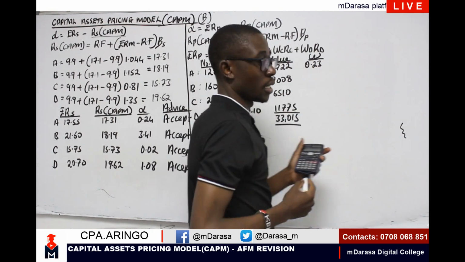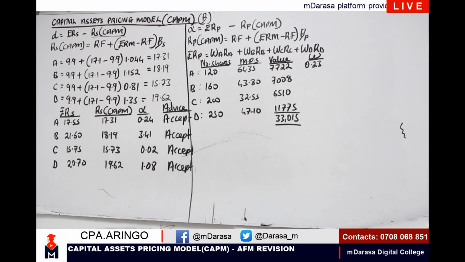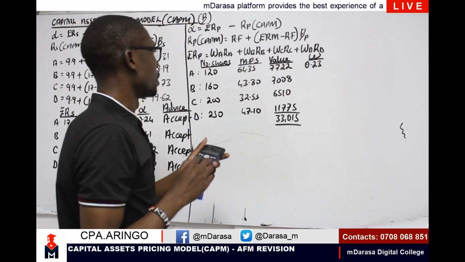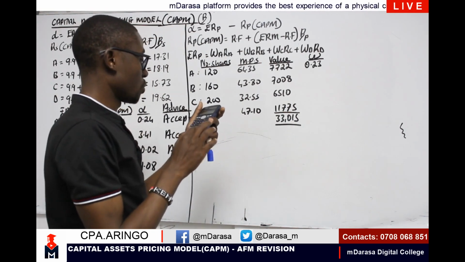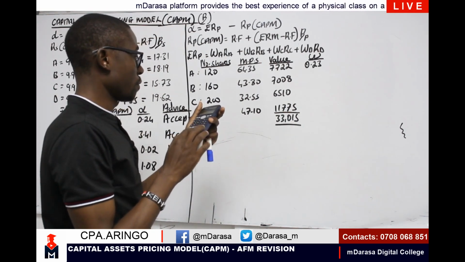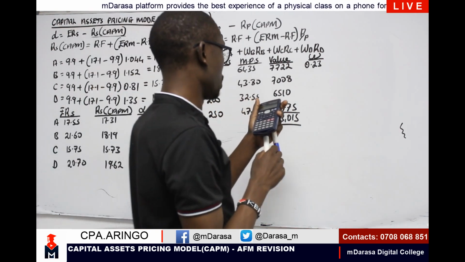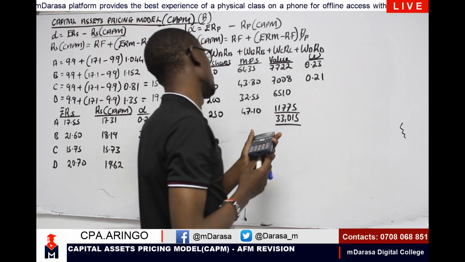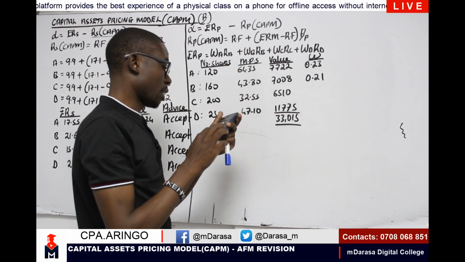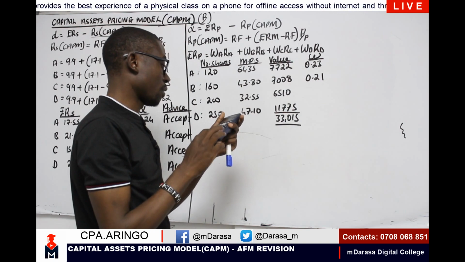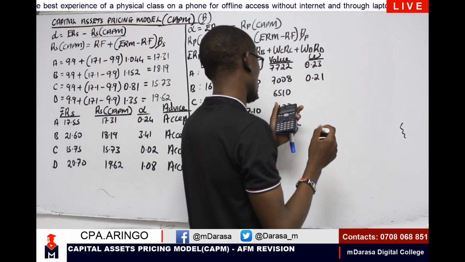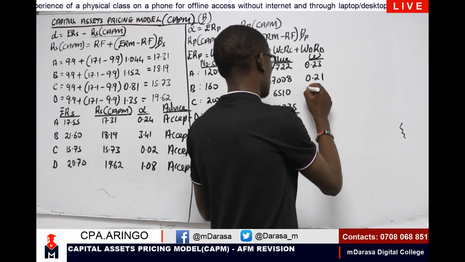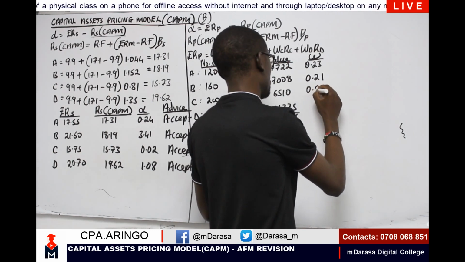The other one is 7008 divided by 33,015, to give us 0.21. 6510 divided by 33,015 should give us 0.20.